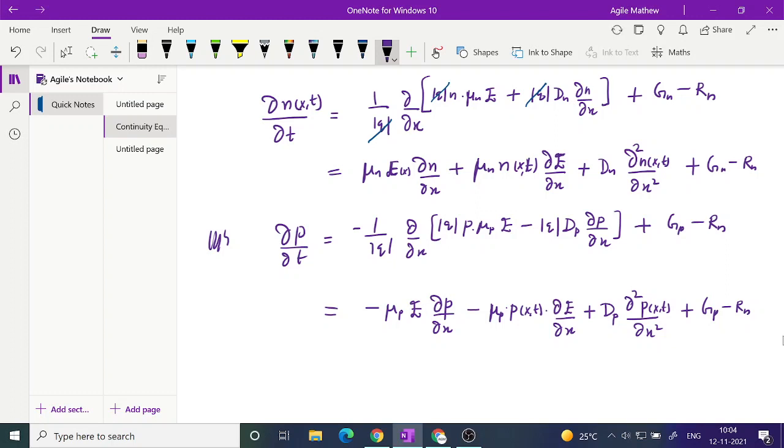Okay, so this is the continuity equation for holes.